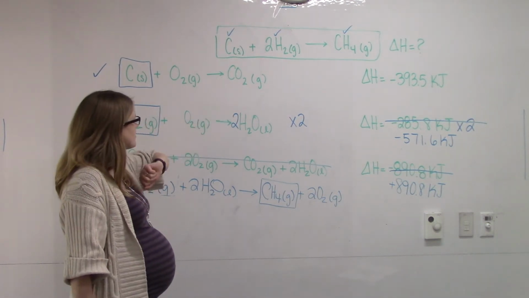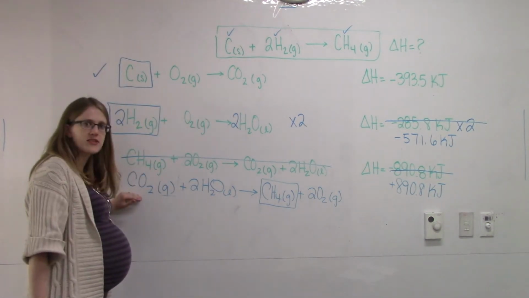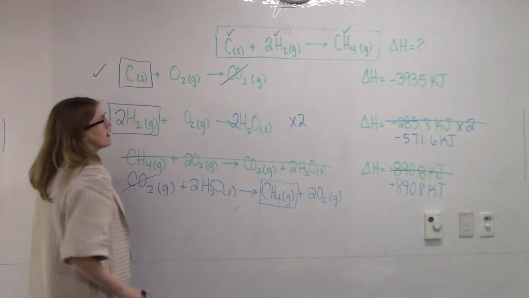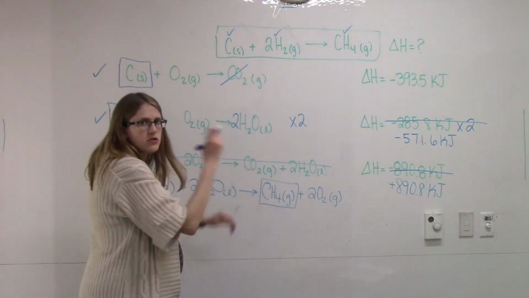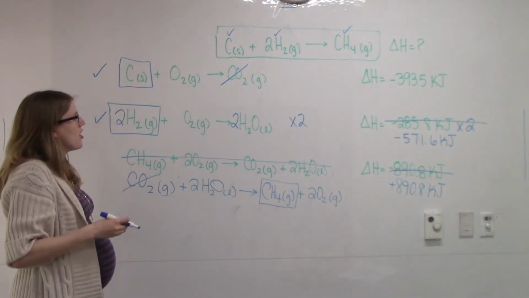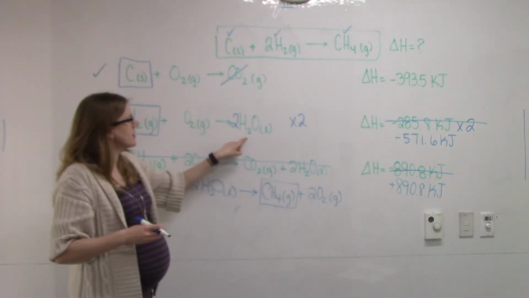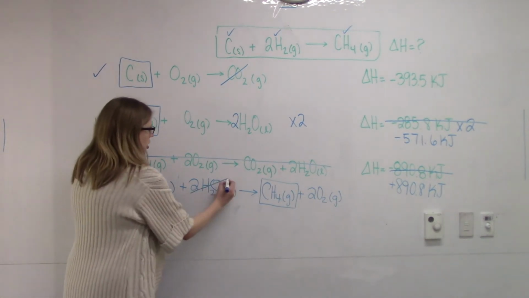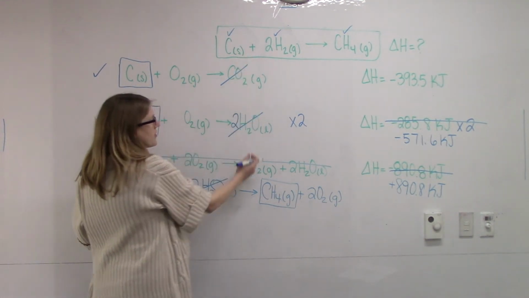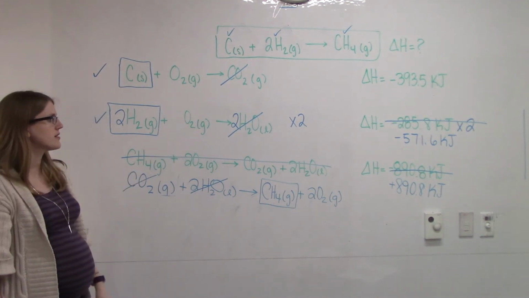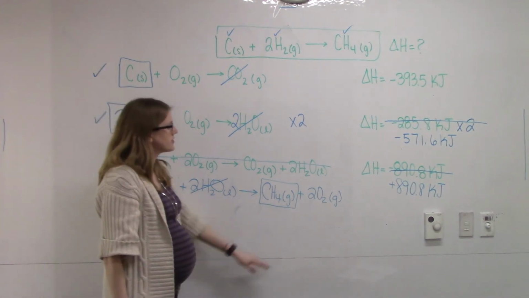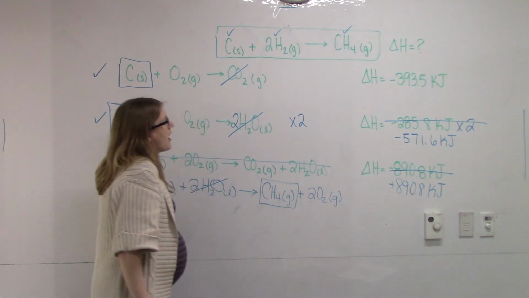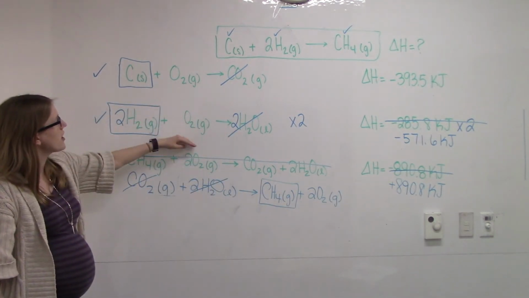Now, let's see if everything else cancels. We have a CO2 as a product, and here we have a CO2 as a reactant. You see product and reactant. CO2 yields CO2. Do you see how those cancel? We have 2 waters as a product here, and 2 waters as a reactant. 2 waters yields 2 waters. If we add these 3 together, those cancel. Now let's look at the oxygens. We have 2 oxygens on the product side, and then we have an oxygen here and an oxygen here.